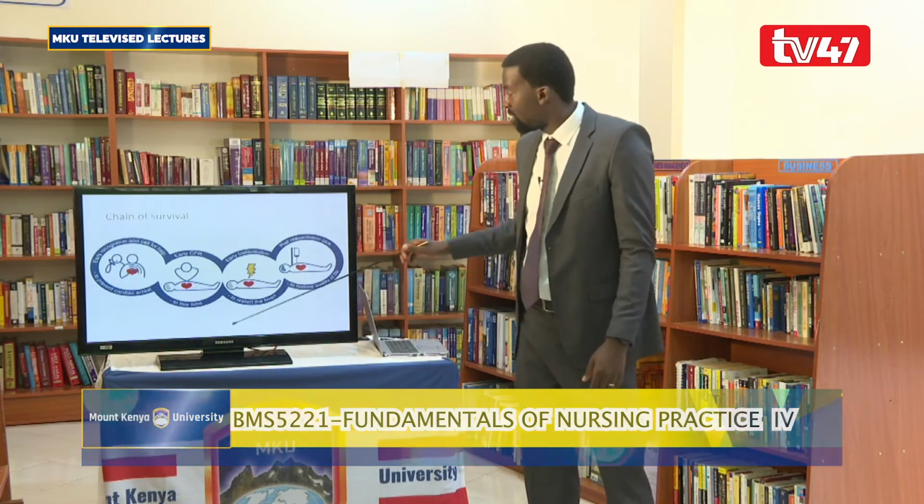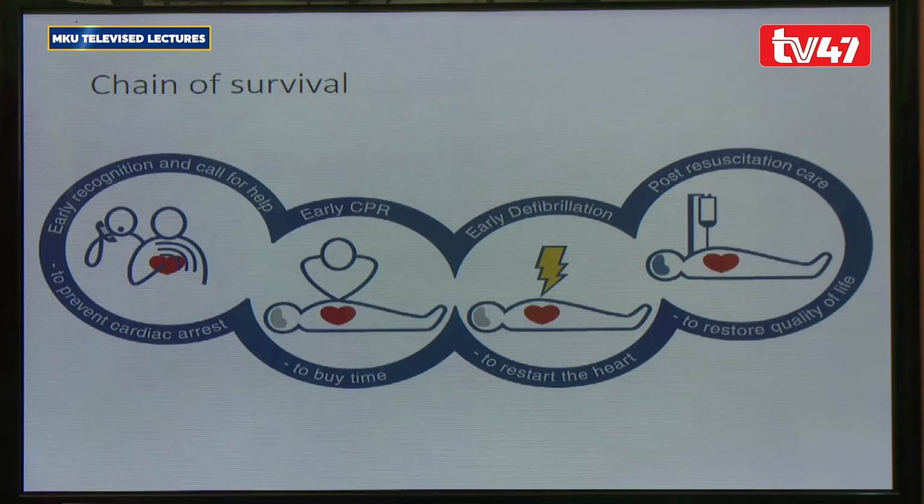The second circle is early CPR, early cardiopulmonary resuscitation, to assist with buying you a bit of time. Are you able to buy time, sustain life before the patient gets to where they can get help in a health facility, in a hospital?